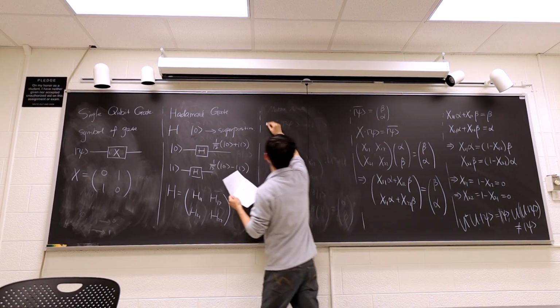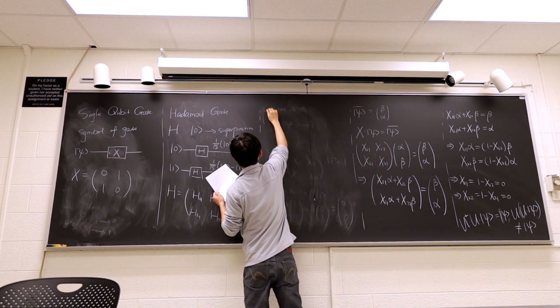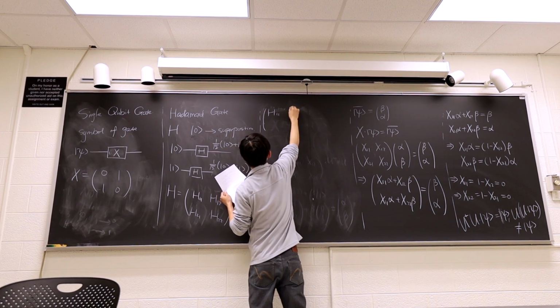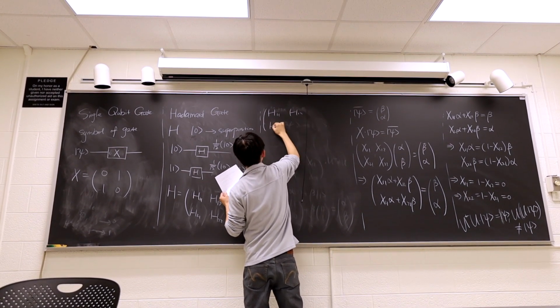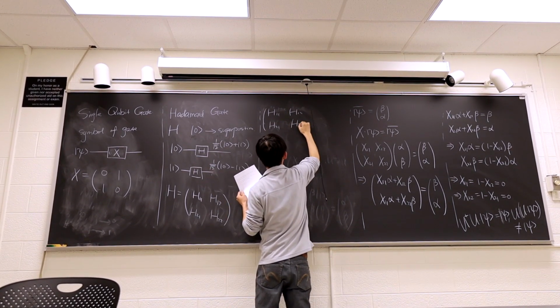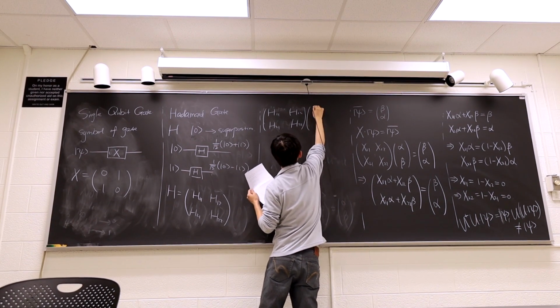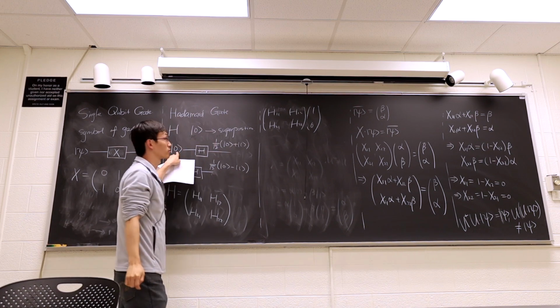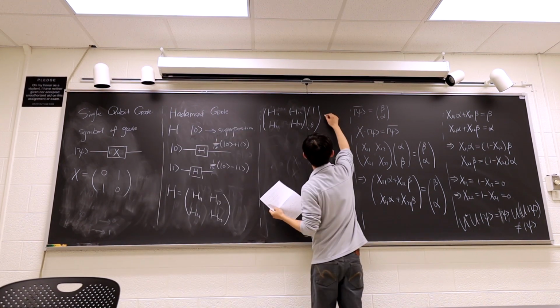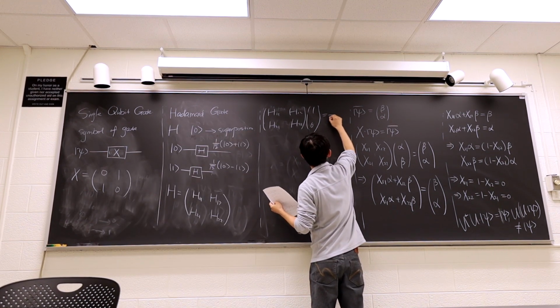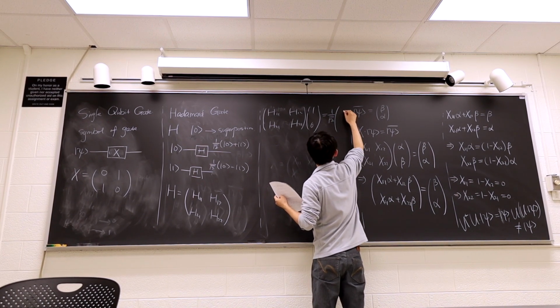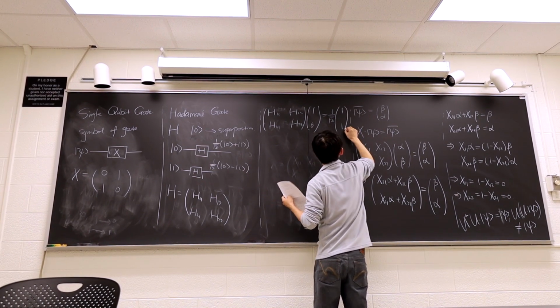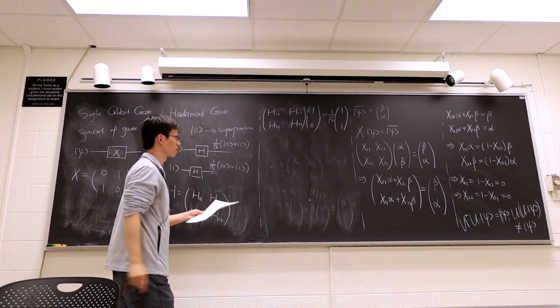The 0 state goes to 1 over square root of 2 times (1, 1).